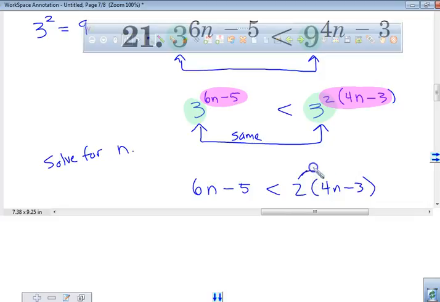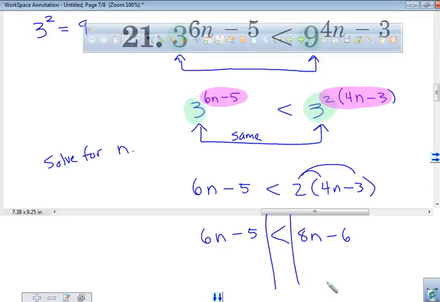The first thing that I'm going to do is distribute the 2, and I get 8n minus 6. Now, this is my inequality sign. Since I have the most positive variables over here, what I'm going to choose to do is take away a 6n from this side and take away a 6n from this side, which means I need to add a 6 to this side and add a 6 to this side.